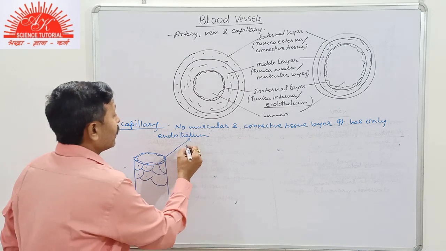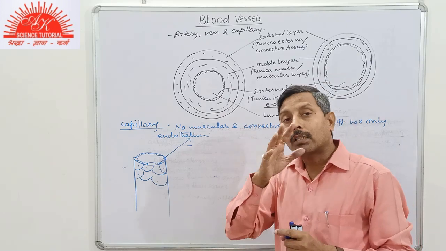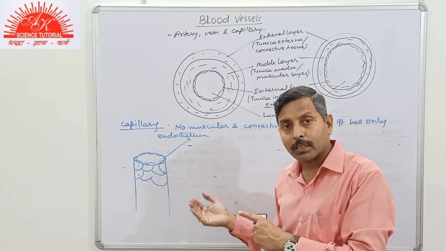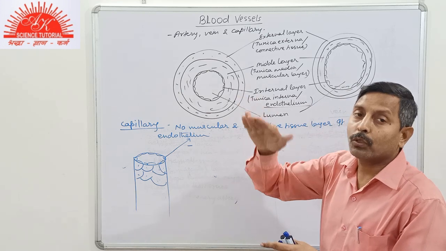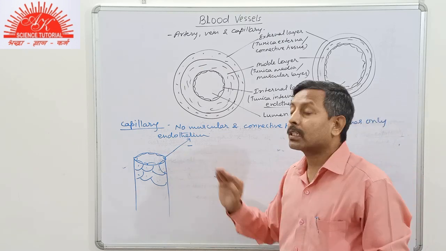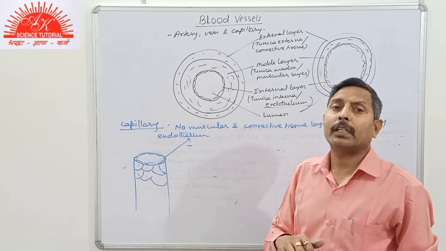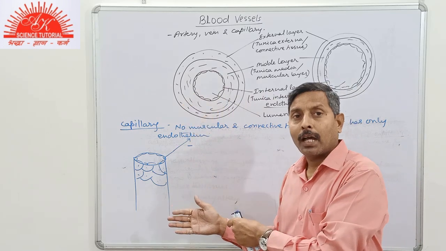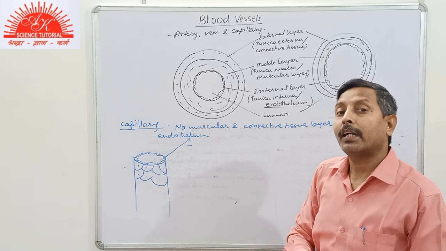Now students, as we have studied, through the wall of the blood capillaries, oxygen from blood passes into the tissue fluid, from where it will be taken by the tissues or cells. From the tissue fluid, the CO2 will diffuse into the blood. So these are the two functions. Further, nutrients like glucose or carbohydrate, fats, proteins, vitamins, minerals, and hormones diffuse from the blood into the tissue fluid, and metabolic waste from the tissue fluid enters into the blood by diffusion.